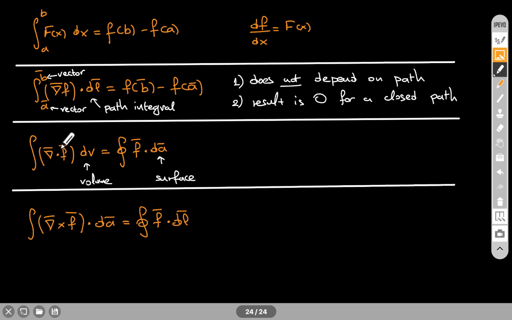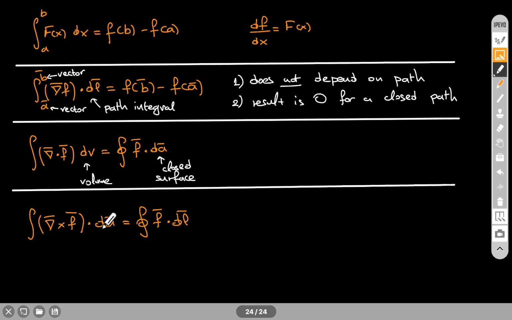The left side is an integral over a volume, the volume integral of the divergence of the function f, and the right side is a surface integral of the dot product with dA. Now this is a closed surface integral, let me make a note. So this is the fundamental theorem for divergence.